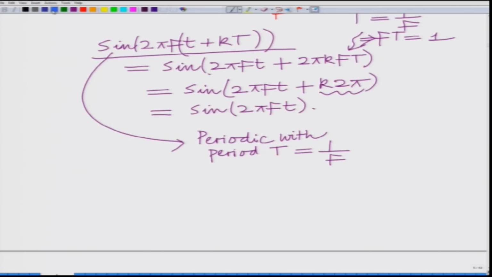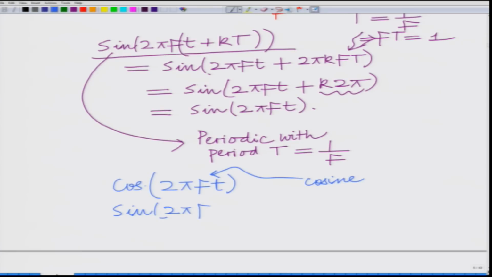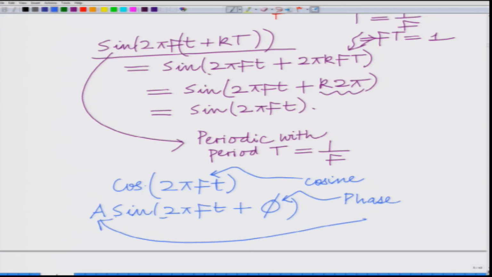Similarly, a sinusoidal signal does not necessarily mean only a sine signal; it can also be a cosine signal, cosine 2 pi f t, which is also a sinusoidal signal. In general, one can consider A sin of 2 pi f t plus phi, where phi is the phase and A is the amplitude.